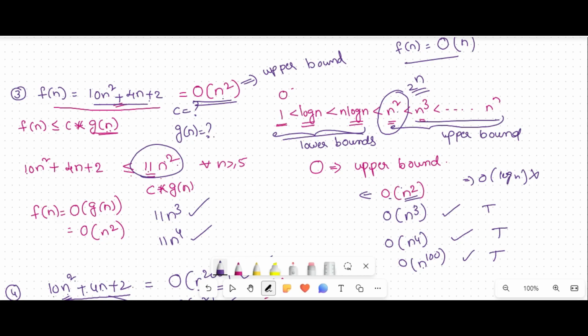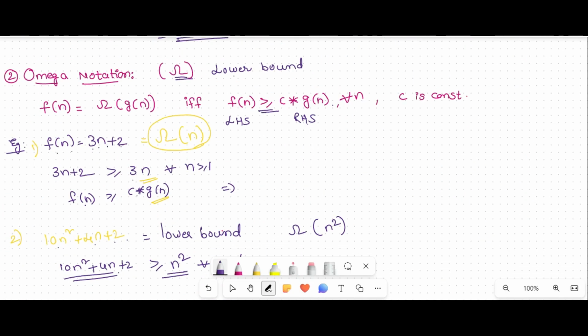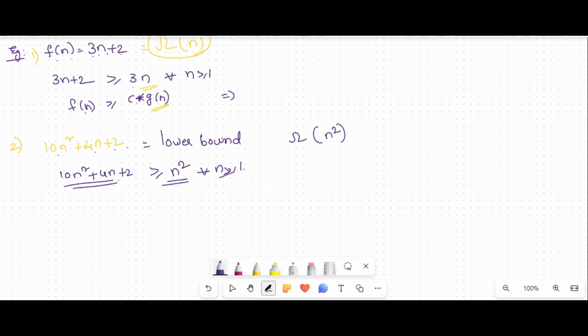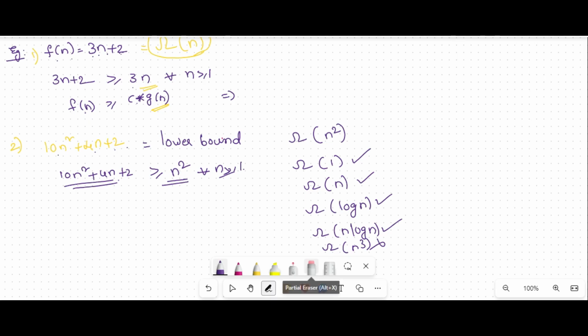So you can write omega of 1, which is correct, omega of n, which is correct, omega of log n, which is correct, omega of n log n, which is correct. But you can't write omega of n cube. Why? Because this is an upper bound.